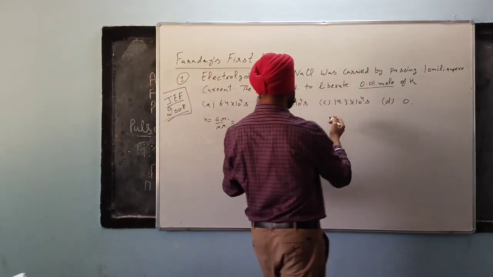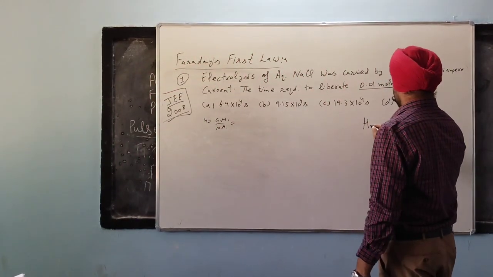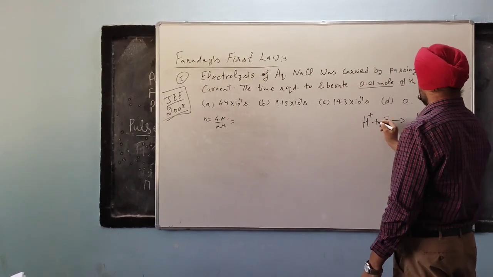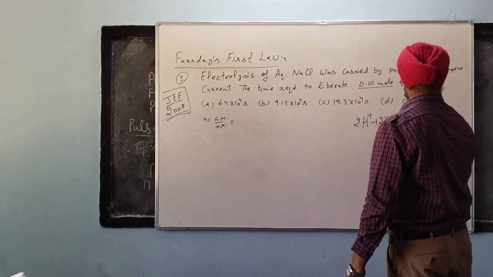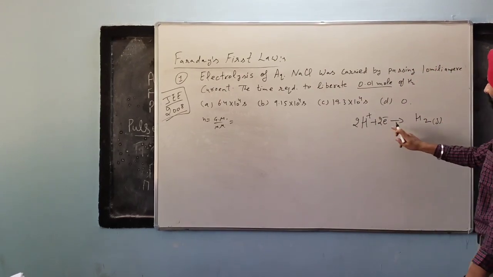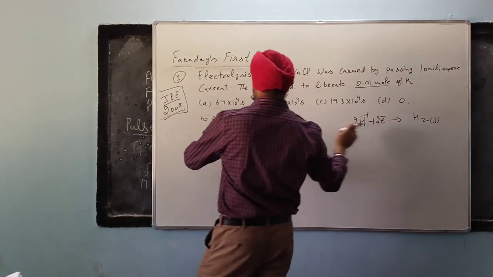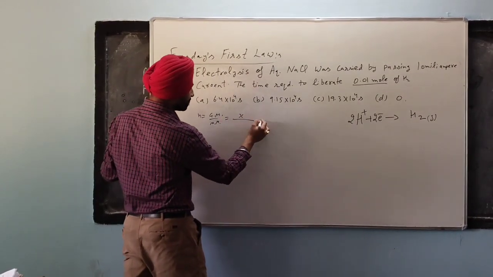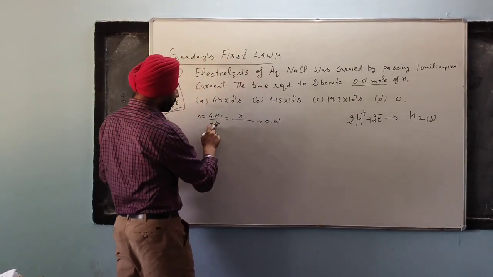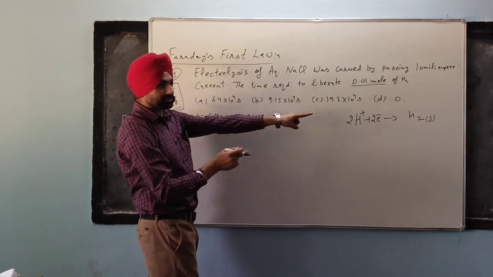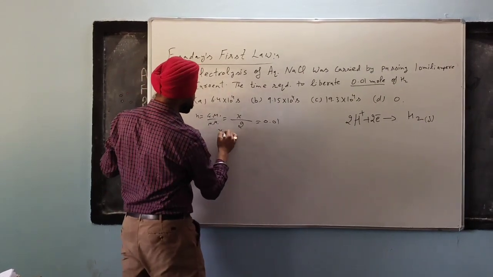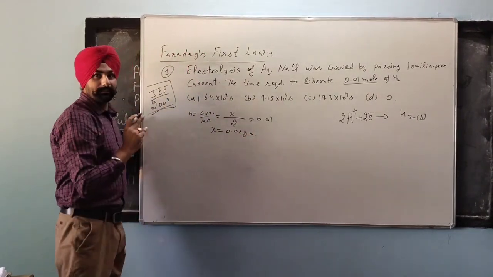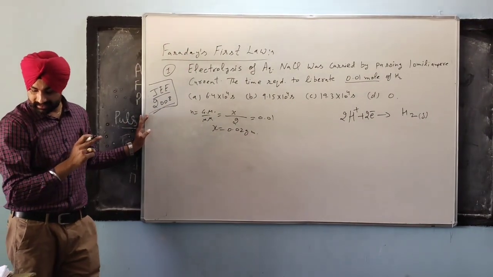H+ plus electron gives H2, so 2H+ plus 2 electrons. Number of moles is 0.01, molecular mass of hydrogen H2 is 2. So the mass is 0.02 gram.